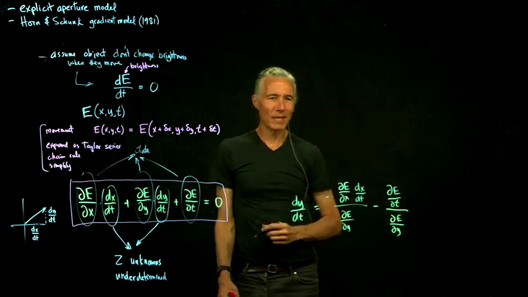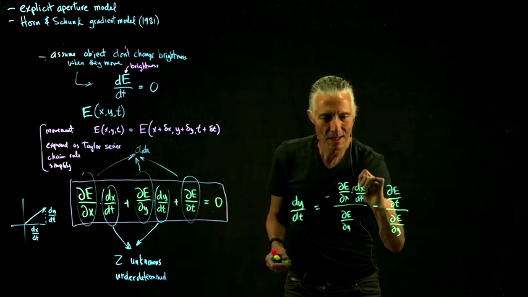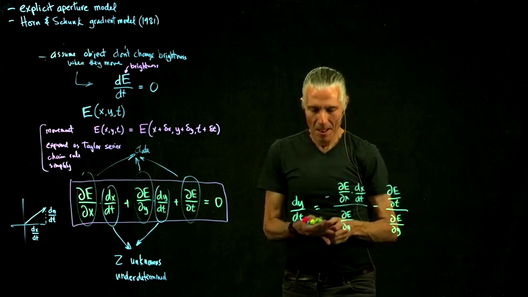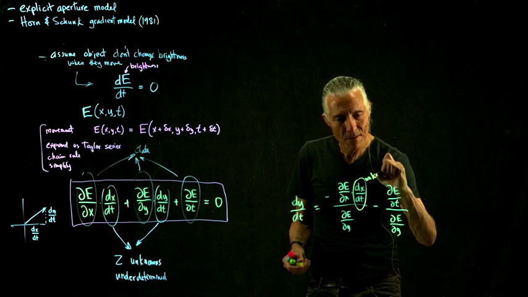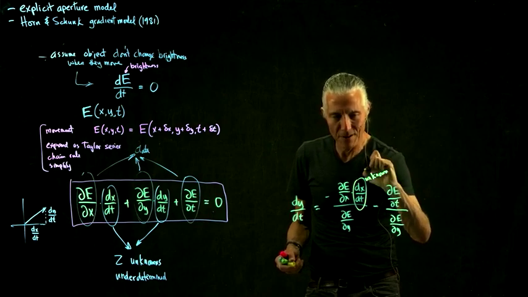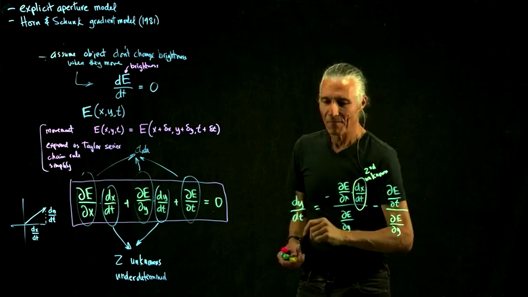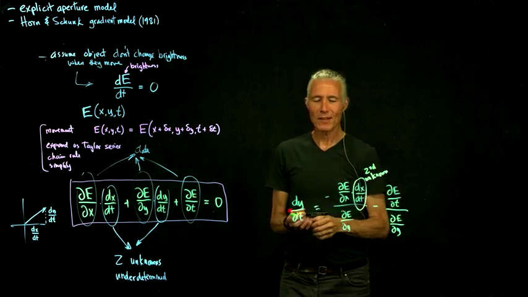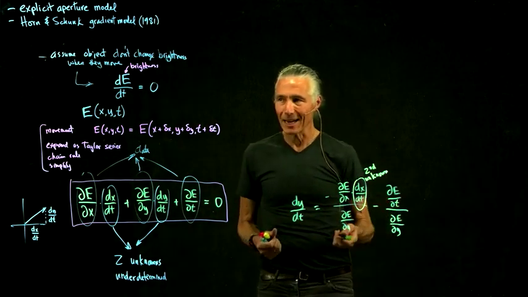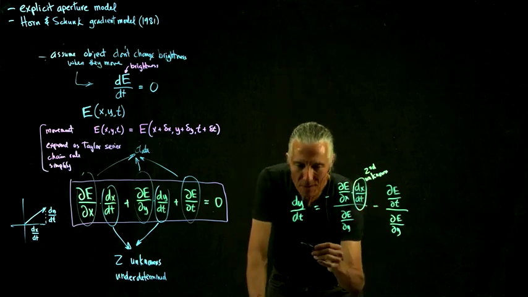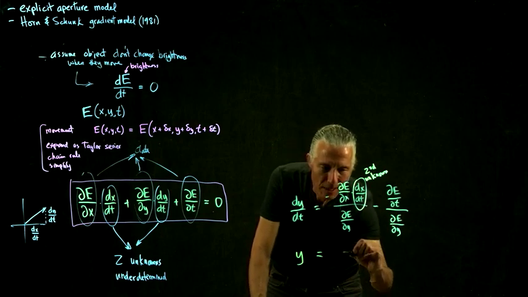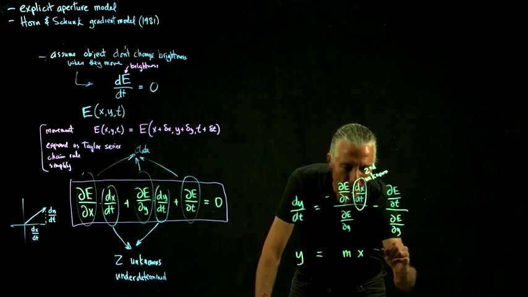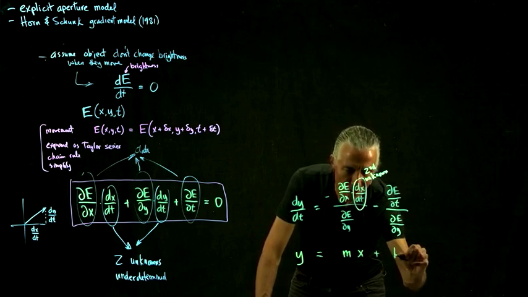Okay, so that looks like a mess. So this is the unknown. That's the second unknown. So if we simplify that equation down, what is it? It's a graph of a line. So you can sort of think of this as y equals slope times a variable, plus the intercept.